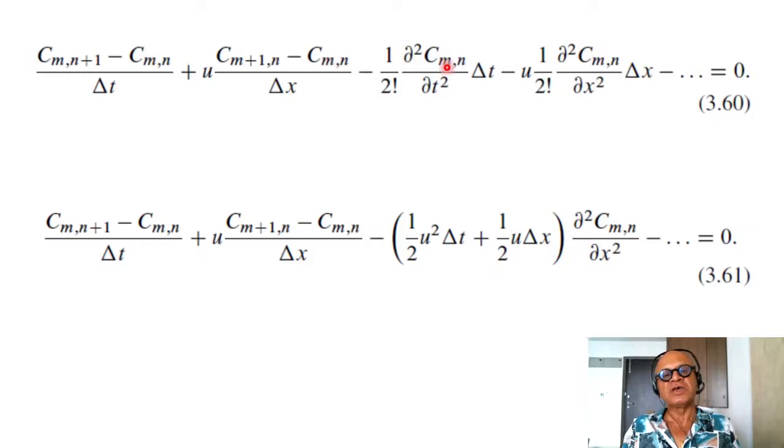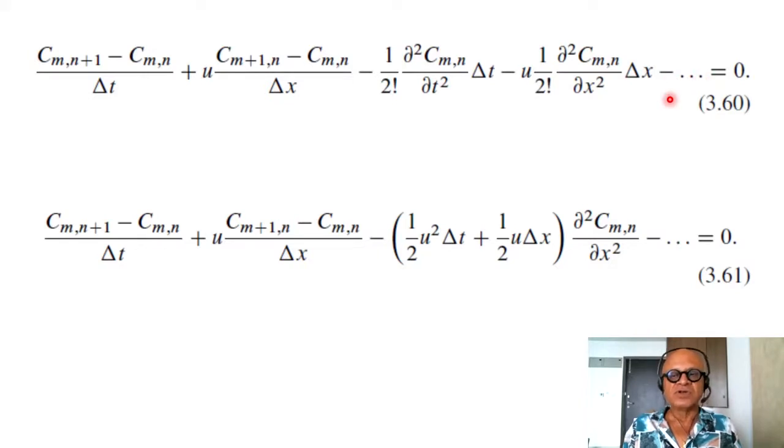Minus, we keep the approximation terms here as 1 over 2 factorial ∂²C_m^n/∂t² Δt minus u times 1 over 2 factorial ∂²C_m^n/∂x² Δx, and higher order terms.